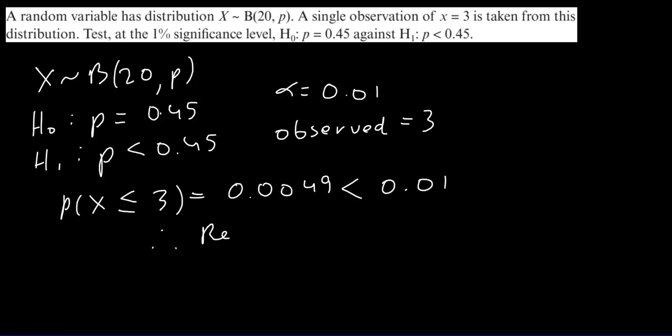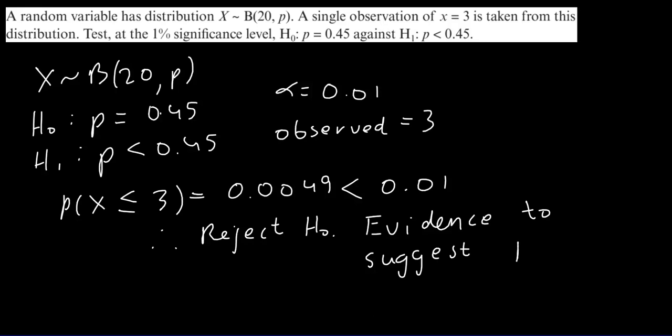Therefore I reject H0, and the conclusion is that there is evidence to suggest that p is less than 0.45. This makes sense because we would expect there to be 9 successes under a 20 and 0.45 distribution. However, we only have 3 successes, and therefore this is significantly further away from what we were expecting for us to say that p cannot be 0.45.